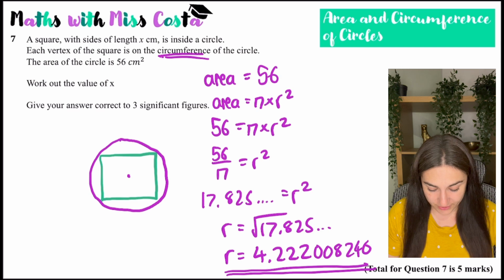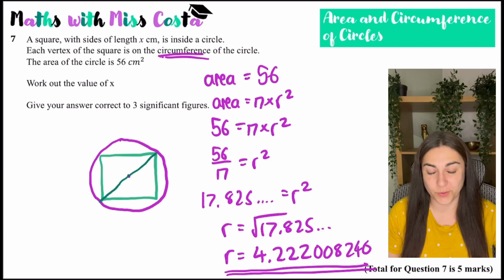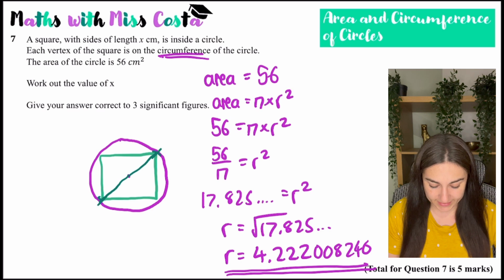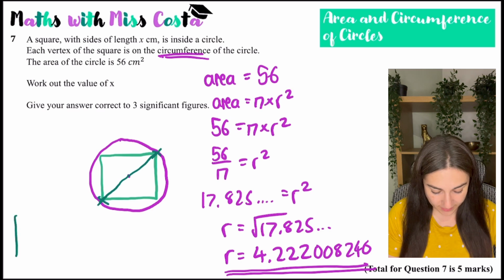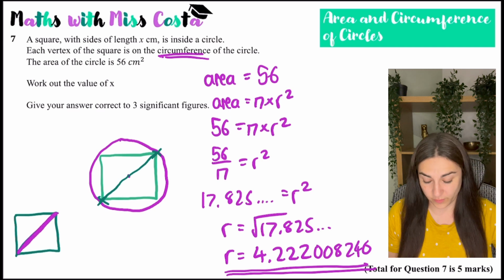So I could create a diameter going from one edge of the circle to the other that also is the corners of the square. So therefore I have worked out what the diameter is, and the diameter is the diagonal of the square.